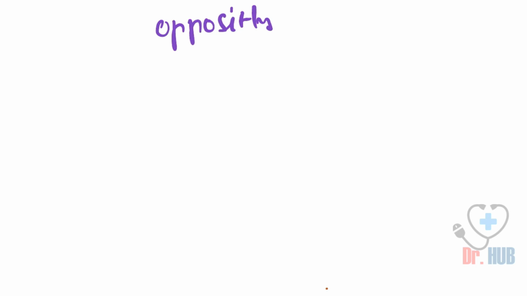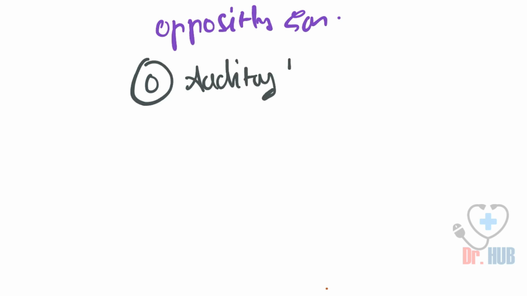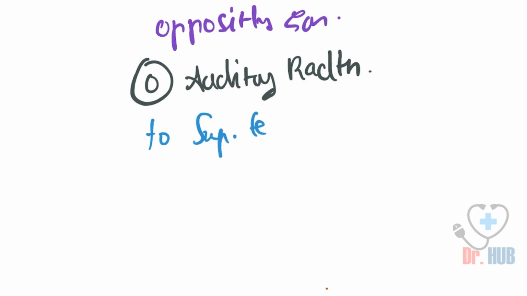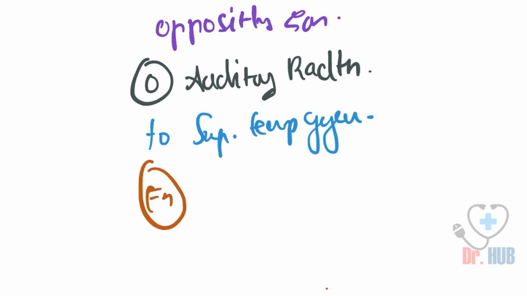The output includes the auditory radiation to the superior temporal gyrus. The function of the medial geniculate body is hearing.